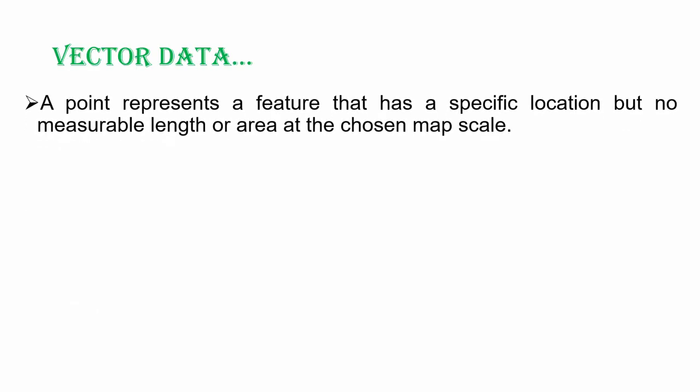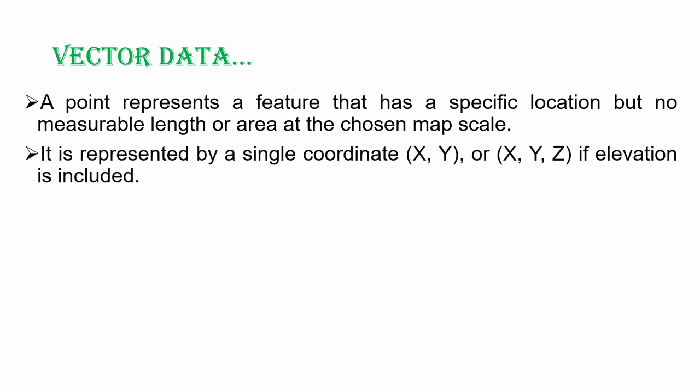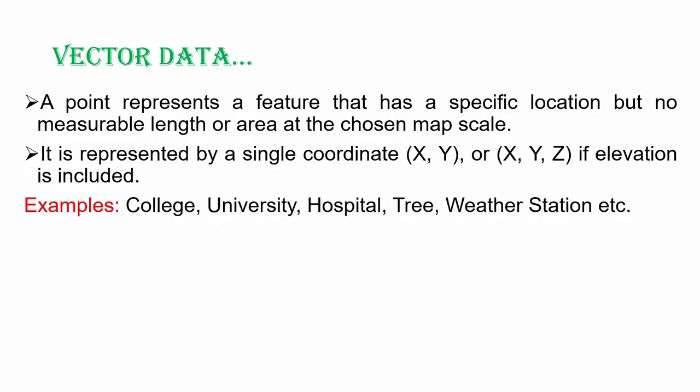A point. A point represents a feature that has a specific location but no measurable length or area at the chosen map scale. A point is represented by a single coordinate, xy, or xyz if elevation is also included. Examples are college, university, hospital, tree, weather station.